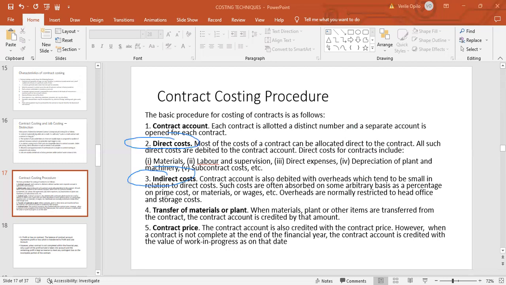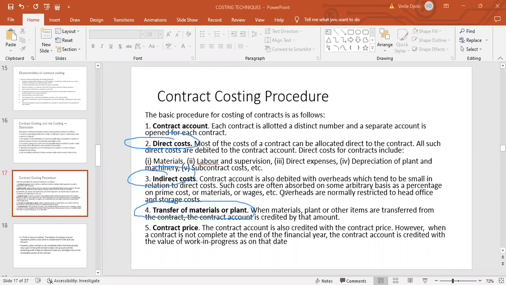We will also be looking at what we call transfer of materials or plants. If you have a warehouse or a store for your company, and you transfer materials from your store to the factory, it means that now you are utilizing these materials in the production process.